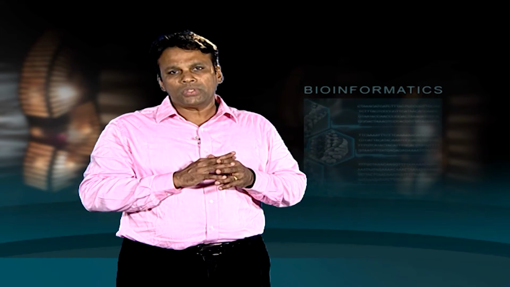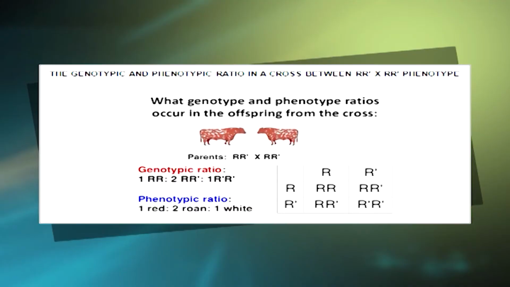These roan calves are different in color from both the parents. A cross between two R R prime cattle produces offspring in the phenotypic ratio of 1 red, 2 roan and 1 white.